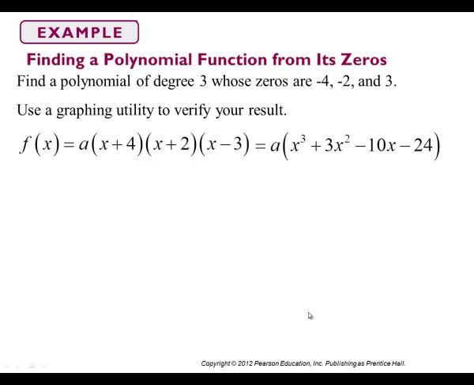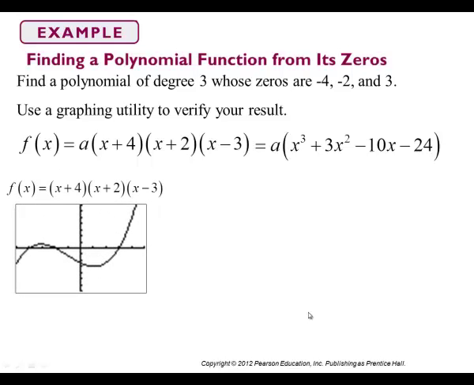Okay, and you notice the a is still outside of the parentheses. And so what the a does is, your intercepts are going to be the same. Your intercepts are here at -4, -2, and 3.